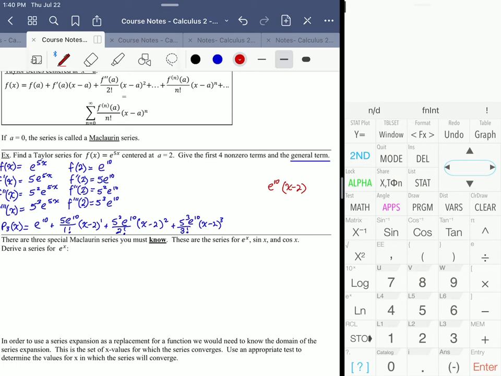Now, as far as the coefficient of e to the 10th is concerned, we have a 5, but that could be thought of as 5 to the first. We have a 1, but that could be thought of as 5 to the 0th. 5 to the 0th, first, second, third, and so on. All right? If I want to have a summation that starts off at n equals 0 and goes on and on forever, that would make sense if I were to say 5 to the nth power.